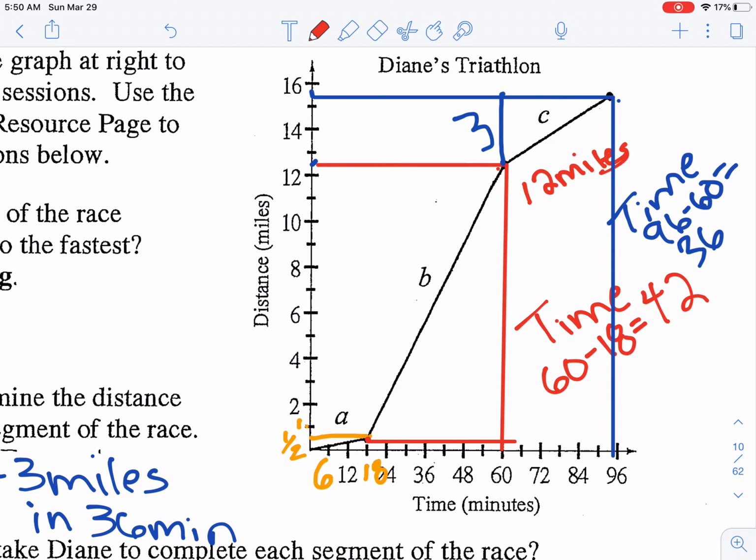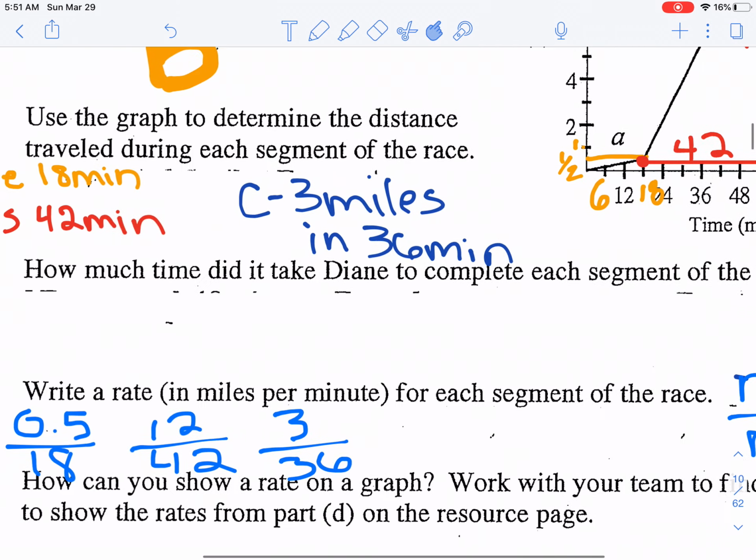When we find the rate, from 18 to 60, from this point to this point, we know that was 42. And from this point to this top point here, we know that was 12. The length of the triangle and the height of the triangle is where you get that fractional rate. That fractional rate is called a slope. That's how steep your line is. And we always write it as the rise, the 12, over the run.